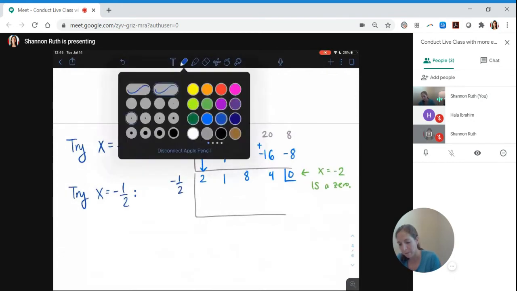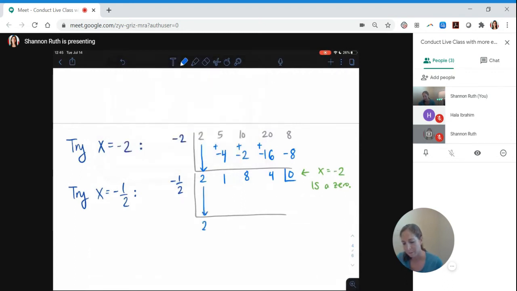So we will drop our first value. Multiplying 2 by -1/2 gives us -1. We'll add to get 0. We'll multiply to get 0. We'll add to get 8. Multiplying 8 by -1/2 gives us -4. And so our remainder there is 0. So this implies that x equals -1/2 is a 0.